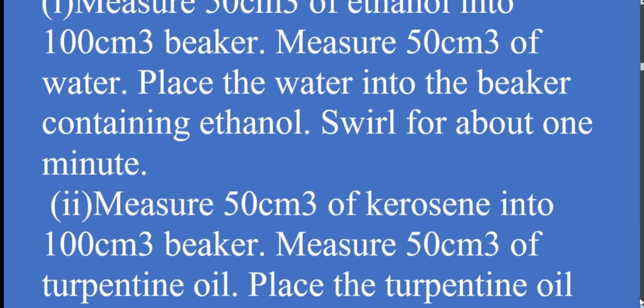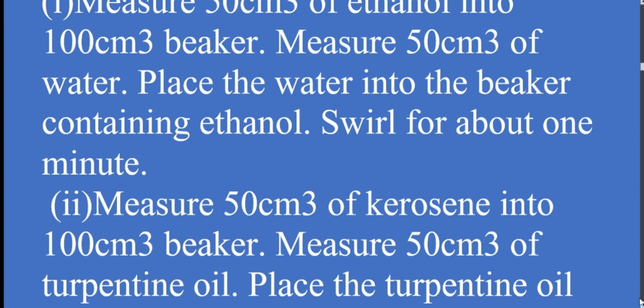The reason we are using a 100 cubic centimeter beaker is because we have half of each: 50 of water, then 50 of ethanol. Then we swirl, and swirling helps them to mix.